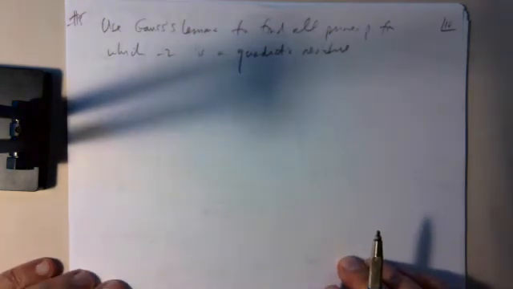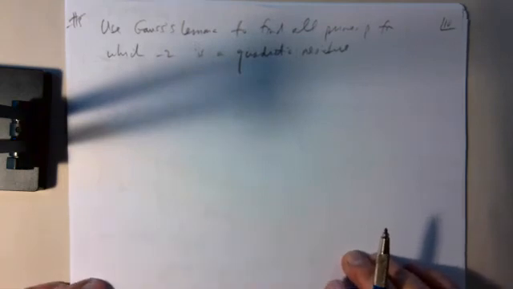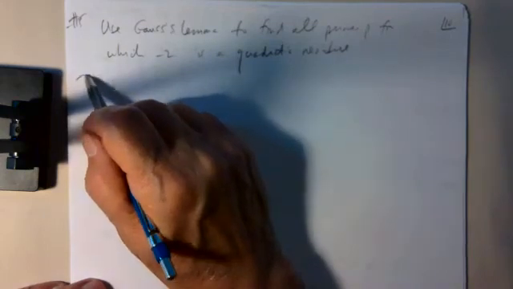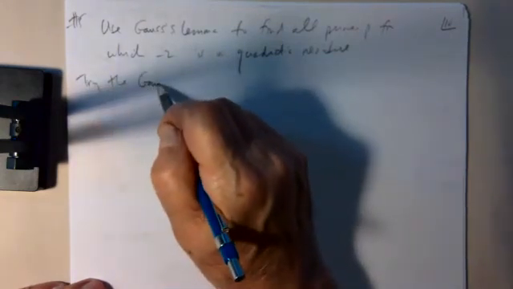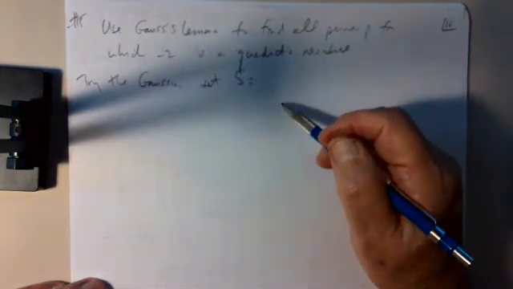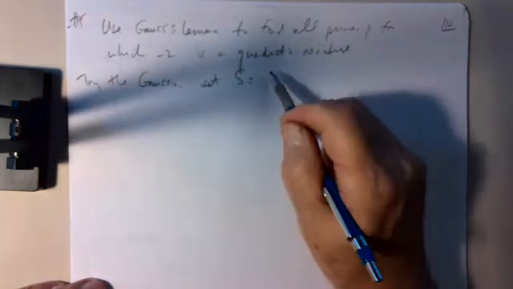So in Gauss's lemma, you have to start with a Gaussian set, and I have no idea what Gaussian set to choose. So maybe I'll start by choosing the simplest one I can think of. So let's try the Gaussian set S equal to just the first (p-1)/2 integers.